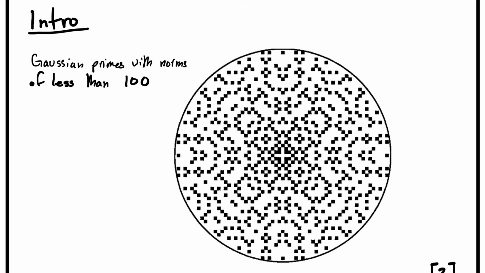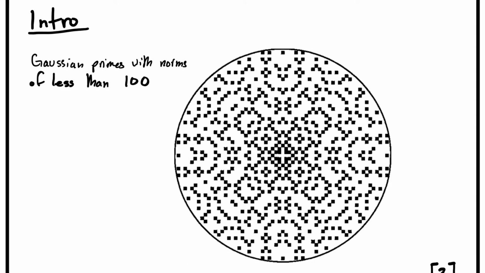And that's because a squared plus b squared is going to be equal to b squared plus a squared. And because of the squares, if you make either one of them negative, you're going to get the same answer as to whether or not it is prime. This means that the Gaussian primes have an 8-fold symmetry, which is incredibly helpful when we're looking at our moat problem, because it means that we don't have to consider the whole complex plane. We only need to consider just an eighth of it when we're doing our calculations.